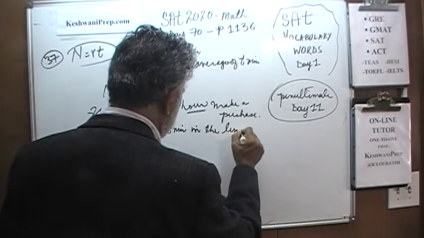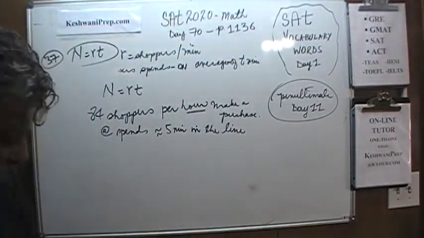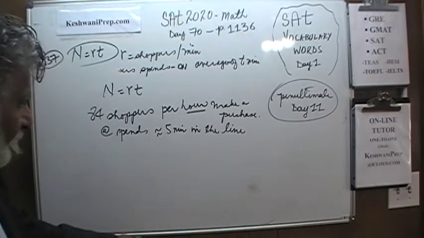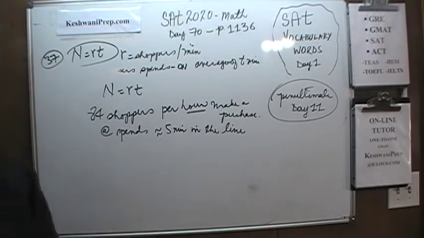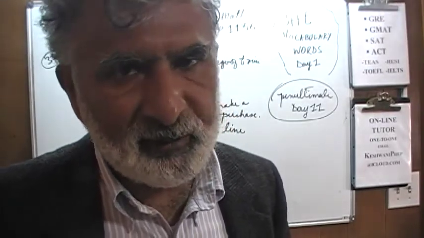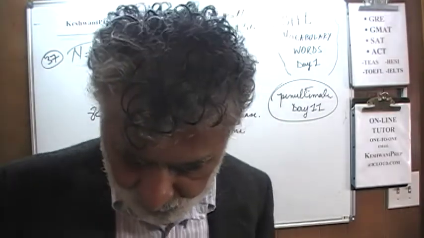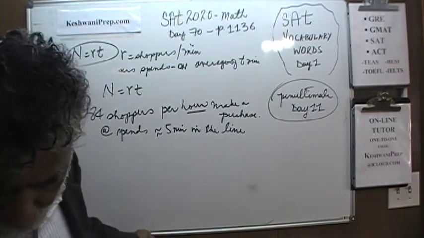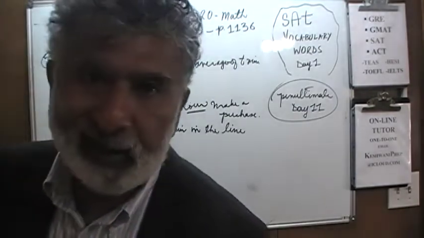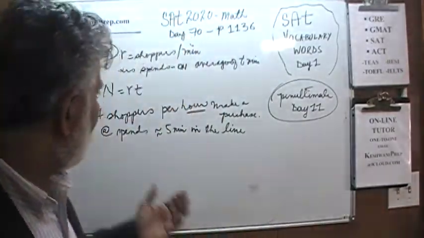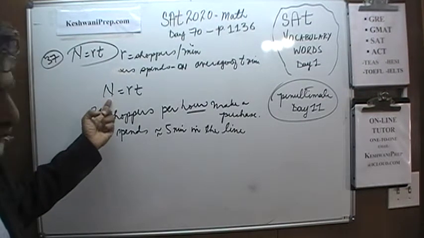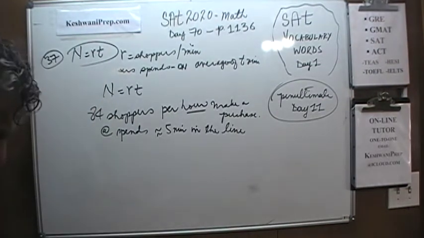So we are dealing with the checkout counter. Each spends on average, it should say on average, I'm just calling it about. They found out that each shopper on average spends 5 minutes in this particular checkout line, and the question simply is, how many shoppers are waiting in the line at any given point in time? And that's your N. So let's find out, shall we?